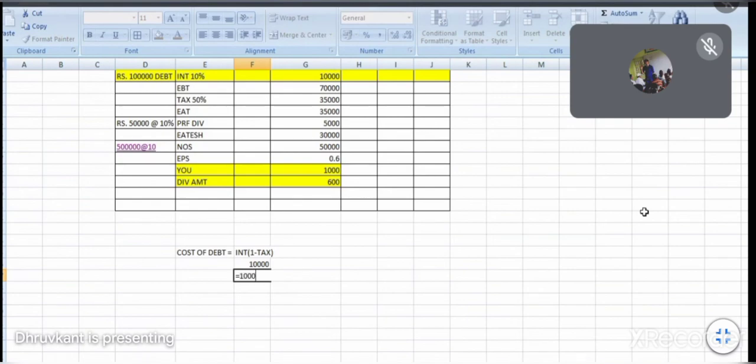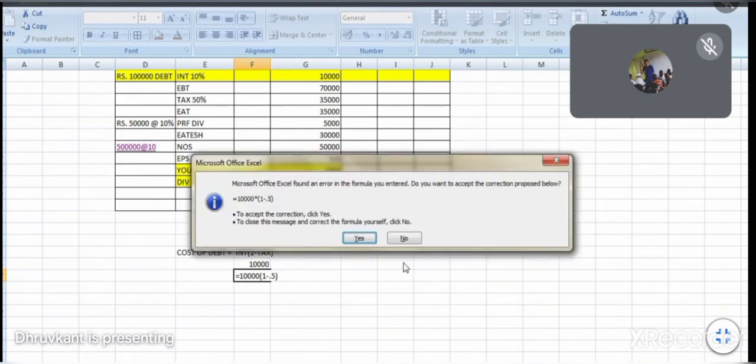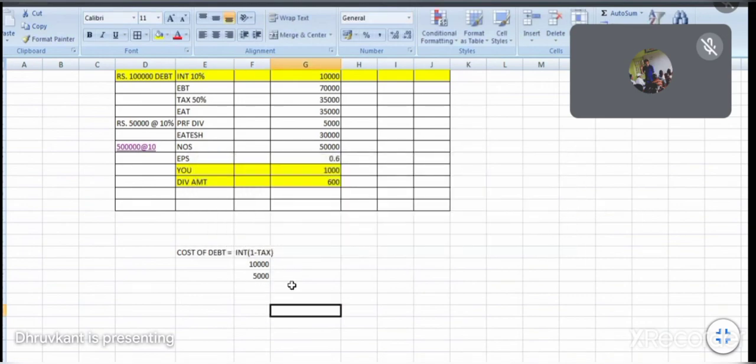I'm calculating that in Excel. So the cost of debt formula is what? Interest into 1 minus tax. That is the cost of debt.